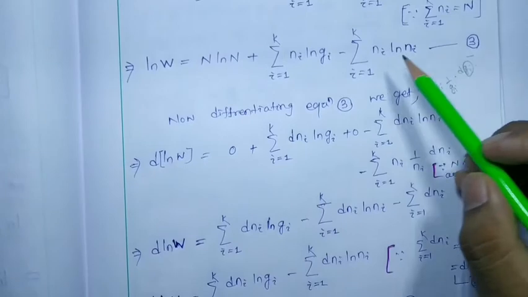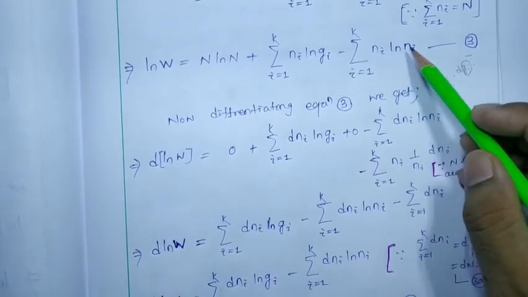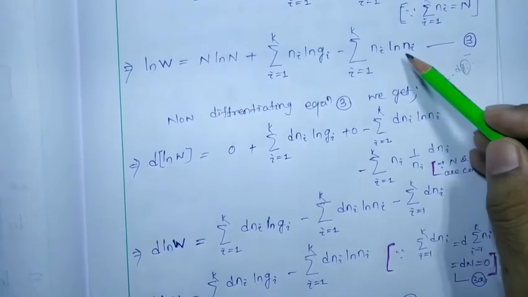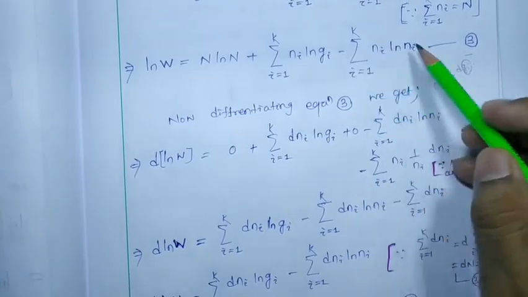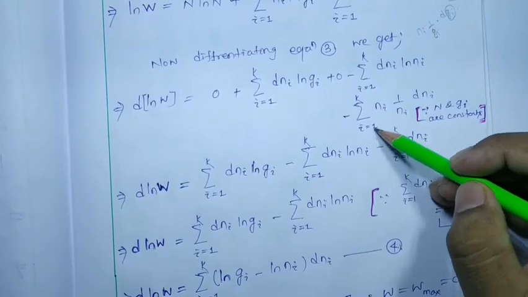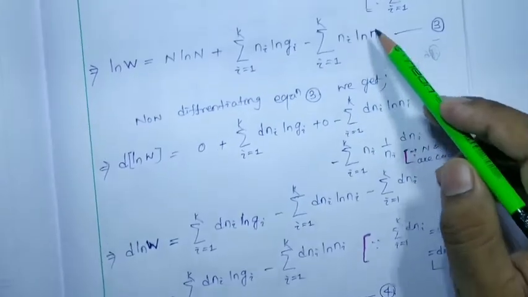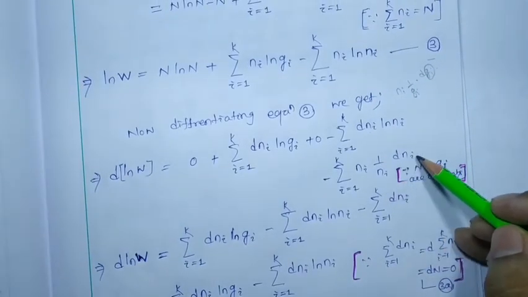Then differentiate this one. Here also you have to consider the product formula. So summation i equal to 1 to k d ni ln ni, then plus another term, here minus is there, so it will be minus summation i equal to 1 to k ni into the differentiation of ln ni, which is 1 by ni d ni.